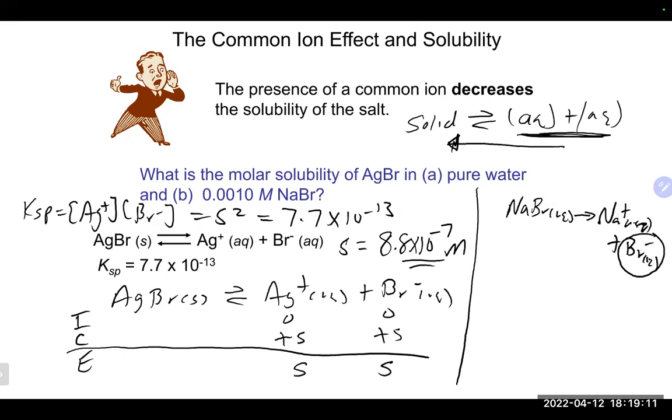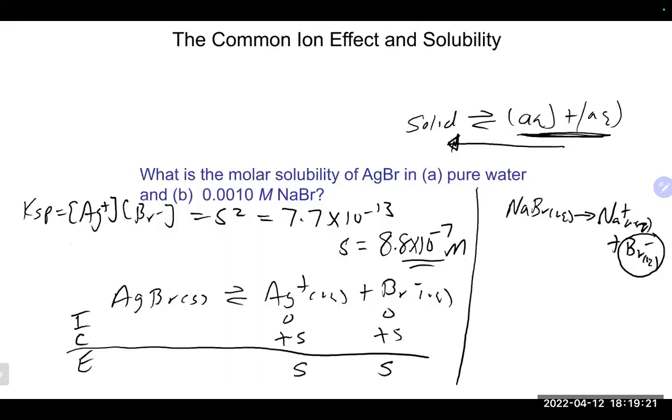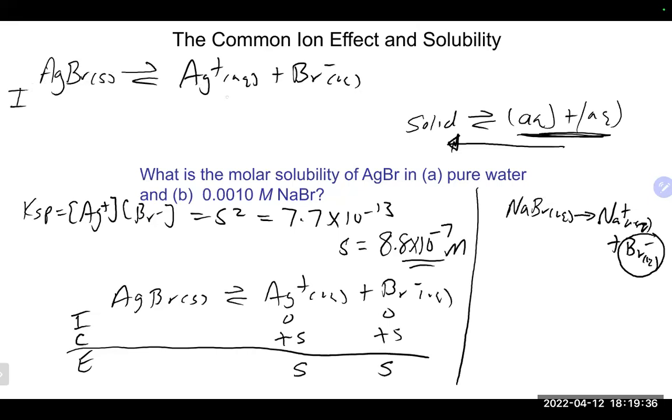Let's see how that affects our ice table. We have our silver bromide going into silver and bromide.